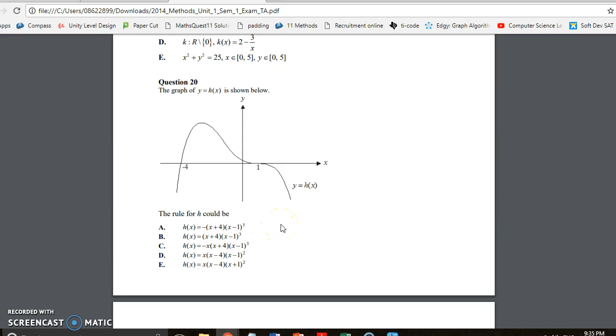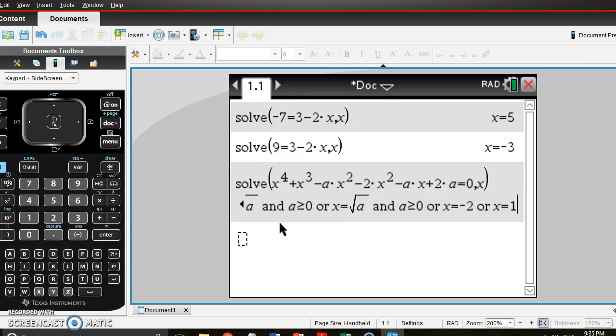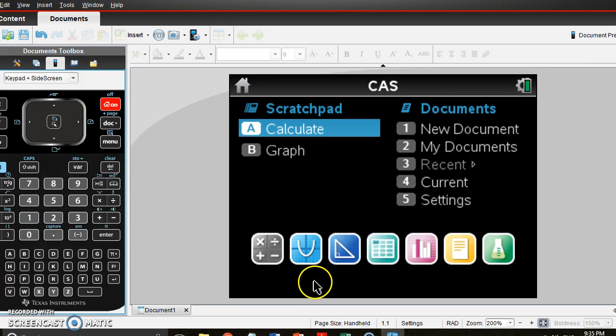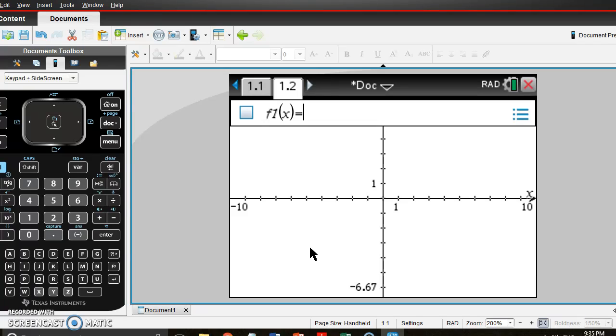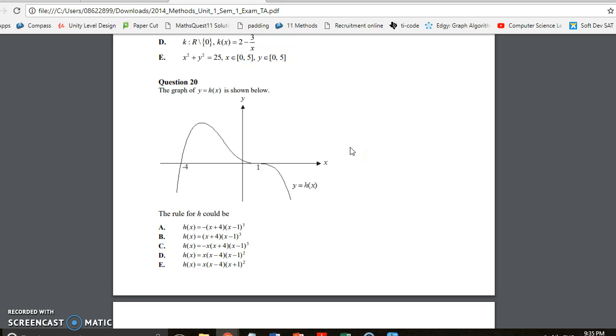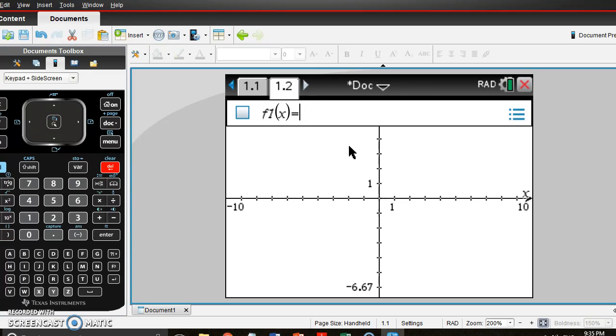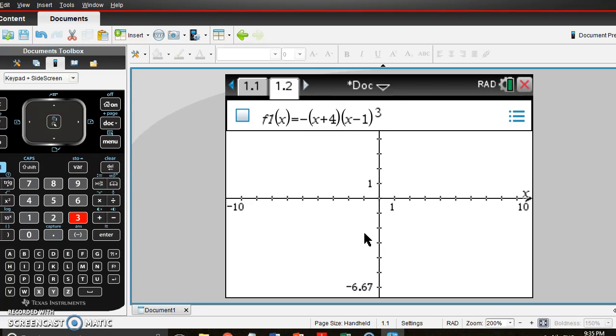Let's just check to be sure. Open a new document. Negative, x minus 4, x plus 4, x plus 4, times x minus 1 whole cubed.